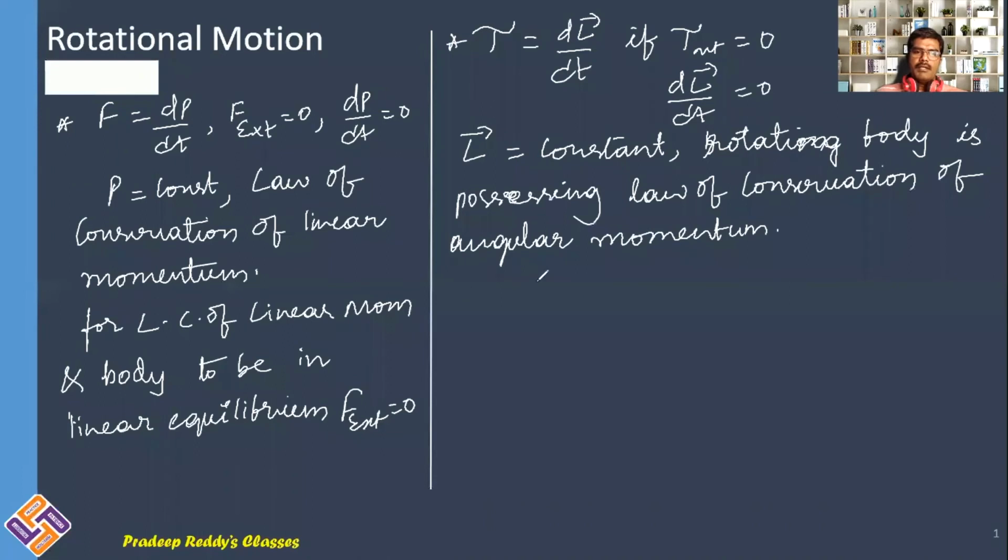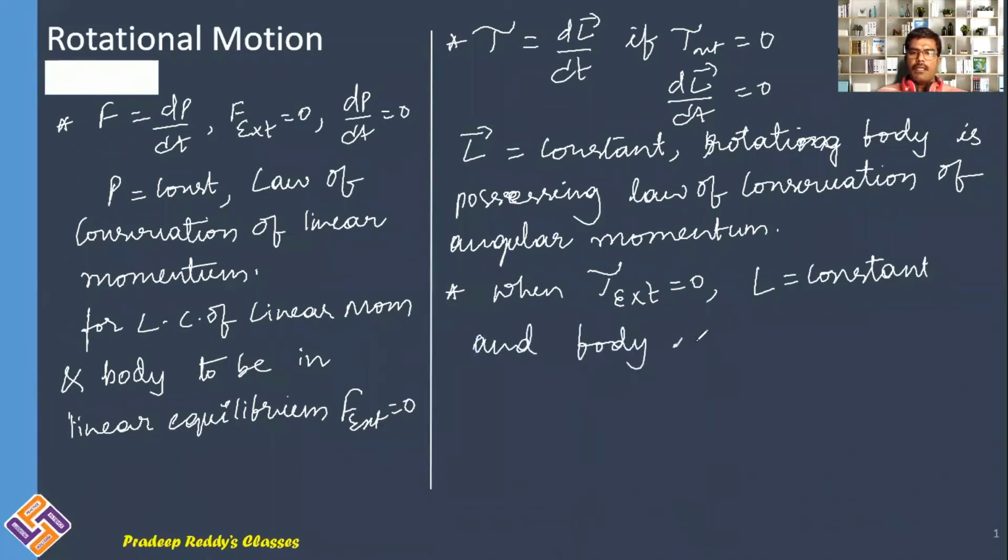So remember that when tau external is equal to 0, L is equal to constant, and the body is said to be in rotational equilibrium.